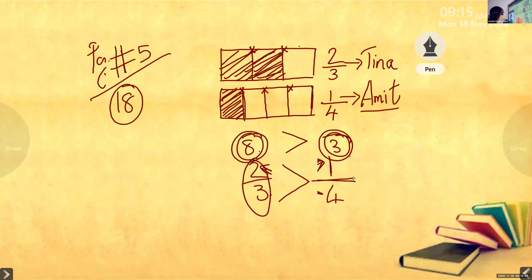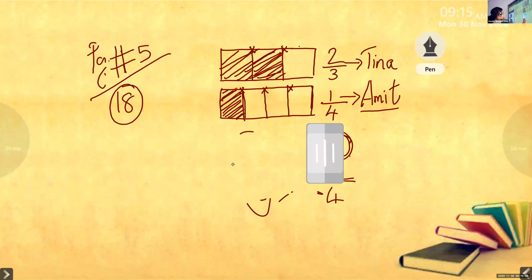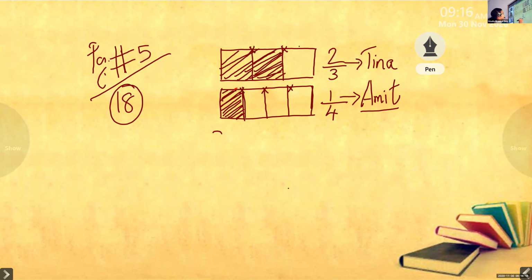So children, like this method also we can find to compare. Here we are not using the picture. Okay, so 2 by 3 for Tina, 1 by 4 for Amit. We can write 2 by 3 is greater than 1 by 4.